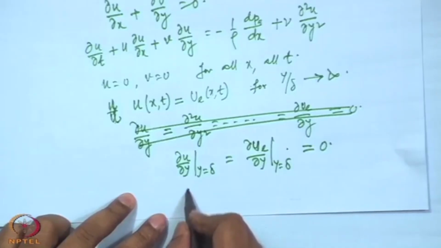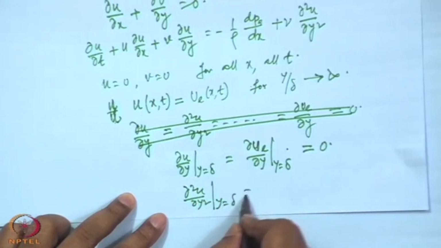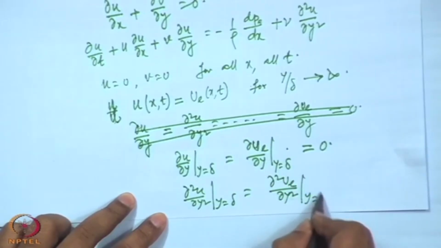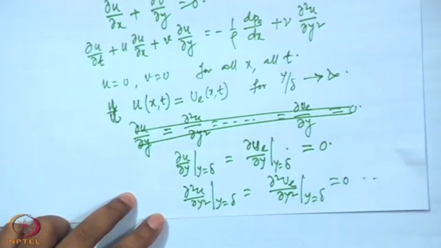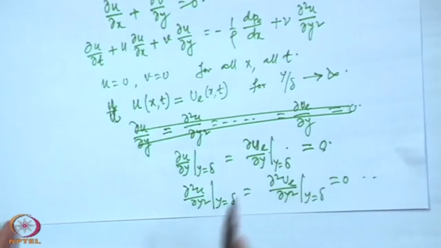Okay. And similarly, the second, third and all can be written as 0. Actually, the required condition is that these two derivatives should be equal, and we know that these are 0.